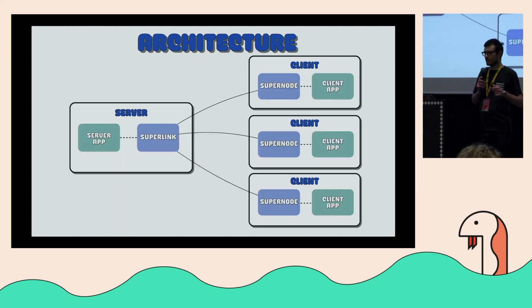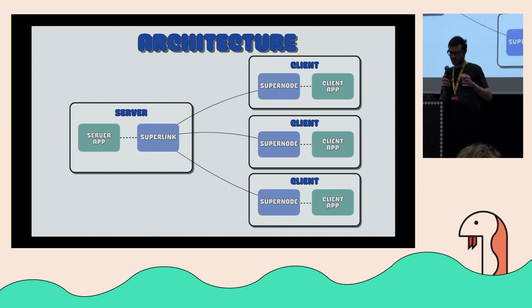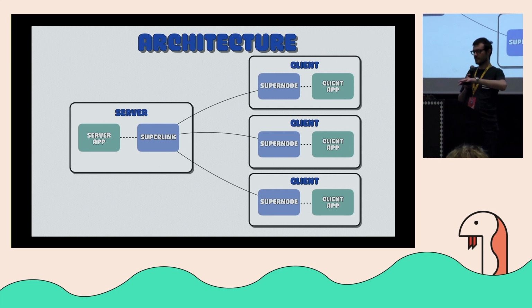In the case of Flower, they hide some implementation behind two main components that are the SuperLink and the SuperNode. So the server basically is split into two parts. One is the SuperLink, which will take care of the communication with the different clients, and one is the server app.